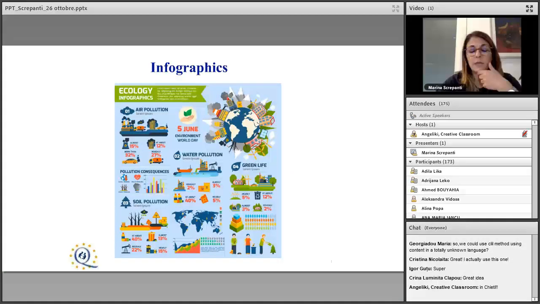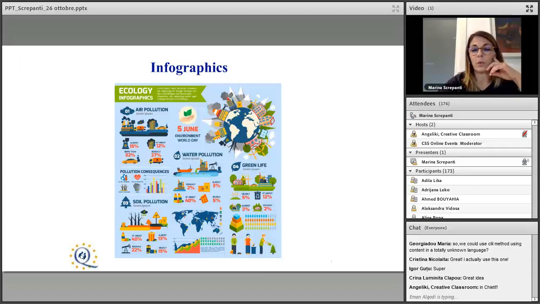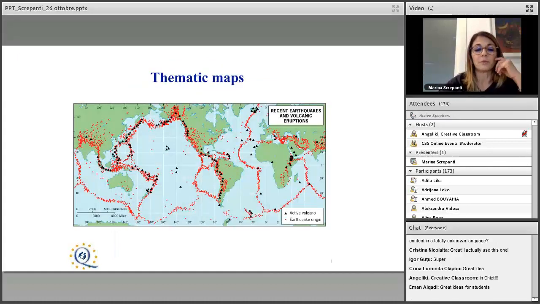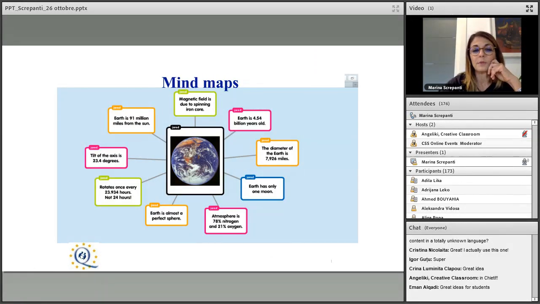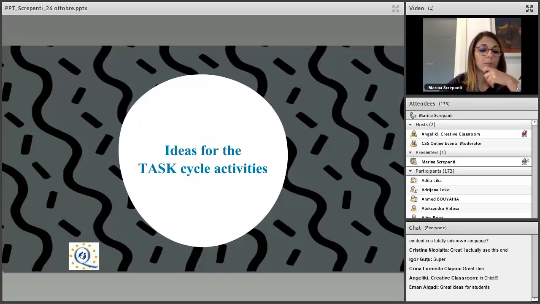Ideas for cognitive scaffolding. For example, infographics. They are very important because normally we have students with some problems in learning, and watching is important for them. Thematic maps or mind maps. You can also create these mind maps by yourself, or you can ask your students to create the mind maps.